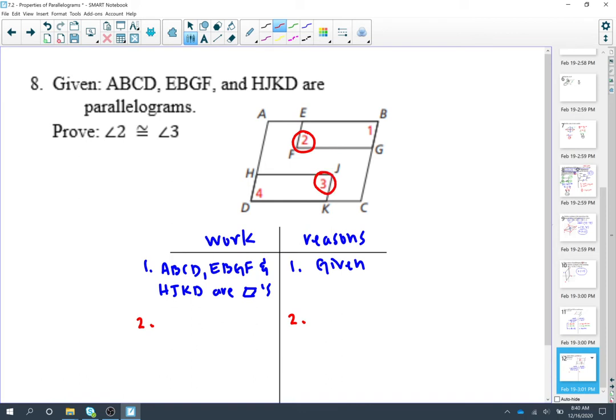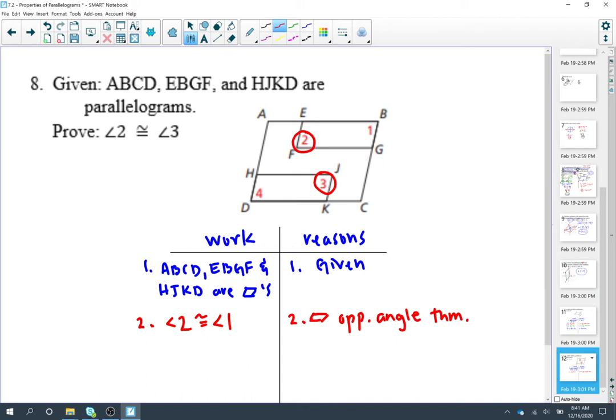Okay, so let's think about this. I'm going to start with angle 2. I'm going to say that angle 2 is congruent to angle 1. So 2 to 1. And the reason I can say that is because of the parallelogram opposite angle theorem.